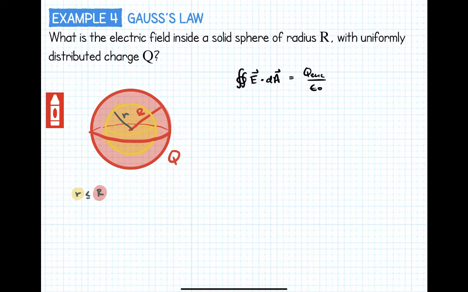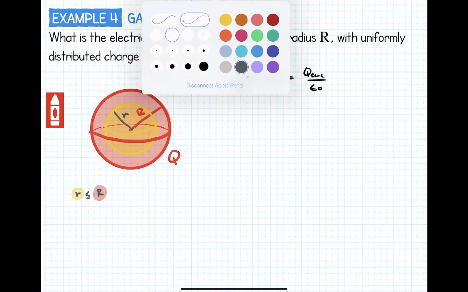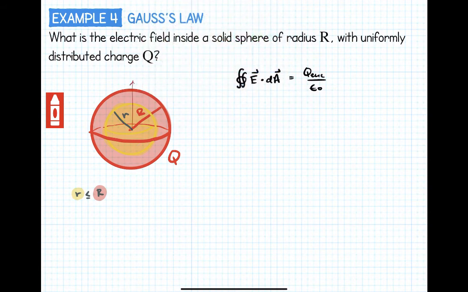So because we still have essentially an electric field that points out radially in all directions, including inside the sphere, that means at each point you have an electric field, and you also have your dA, right? So anywhere it crosses the boundary, that's going to be the case.